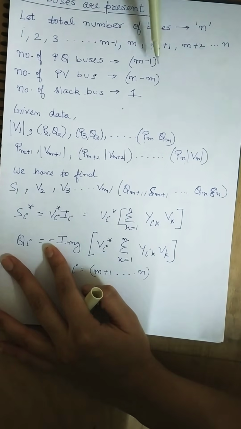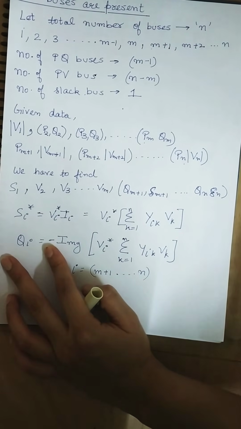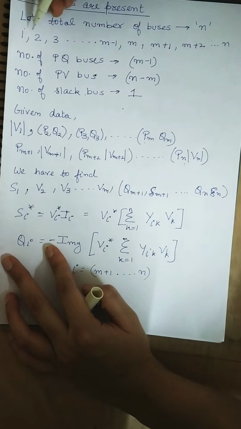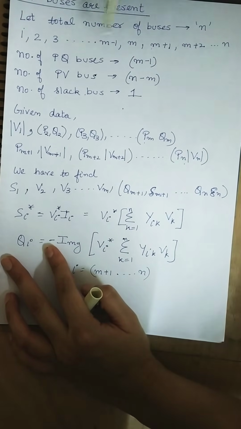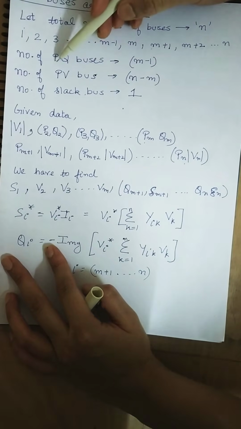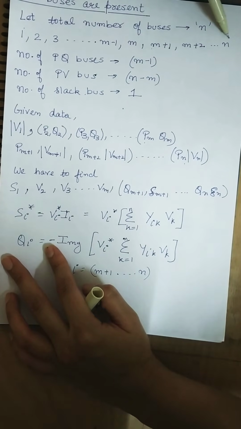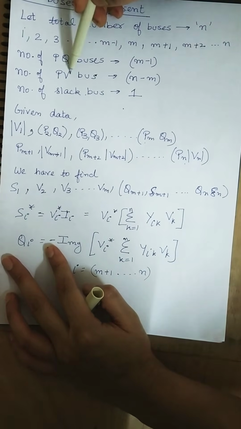So how many PQ buses will there be? Remove 1, so m minus 1. And the remaining buses will be PV buses. So total buses n minus m is equal to the PV buses.